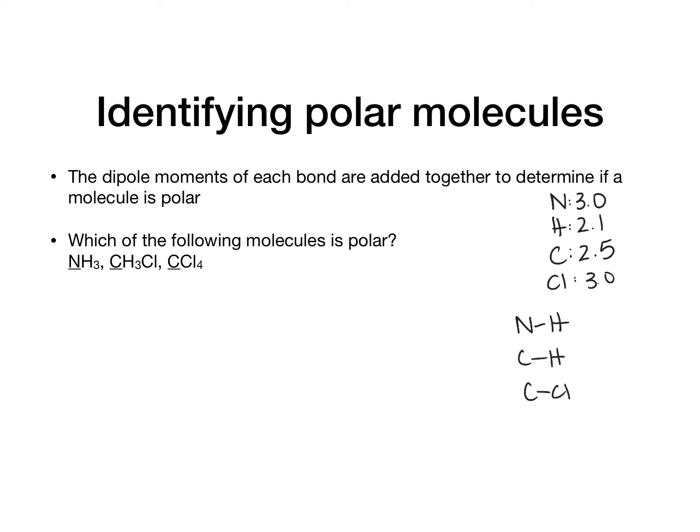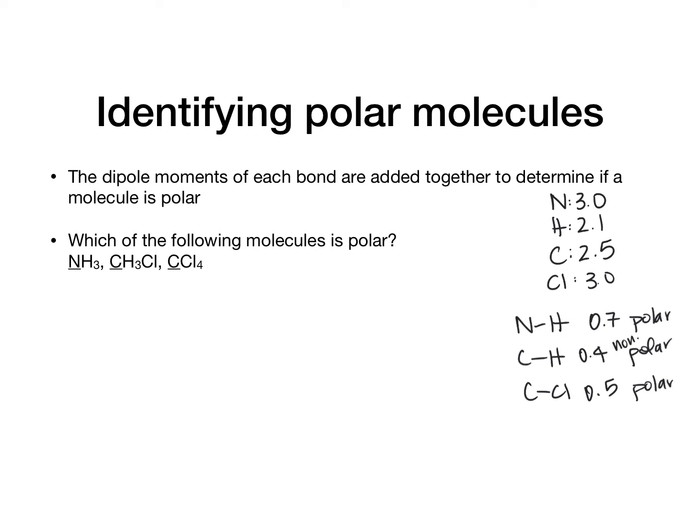So these are the three bonds that we're going to see. So N minus H is a 0.7, polar. Carbon hydrogen, 0.4, kind of polar, but still on the border, and carbon chlorine is 0.5, and this is polar. So we'll call this non-polar.